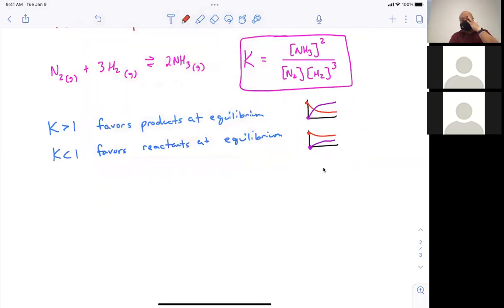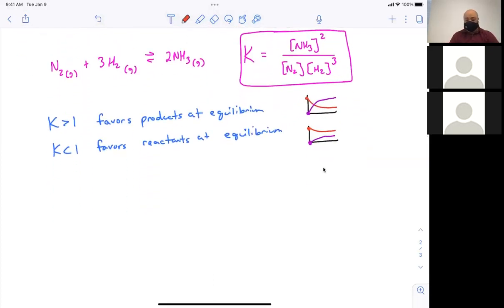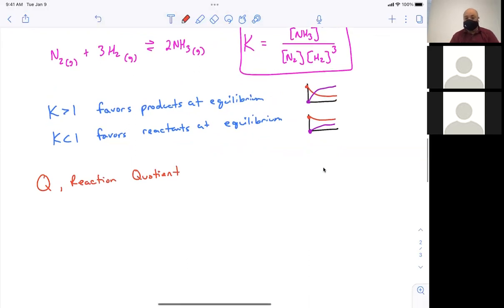Now, K is at equilibrium, but you can also use the expression to calculate when you're not at equilibrium, and that is Q, which we call the reaction quotient.